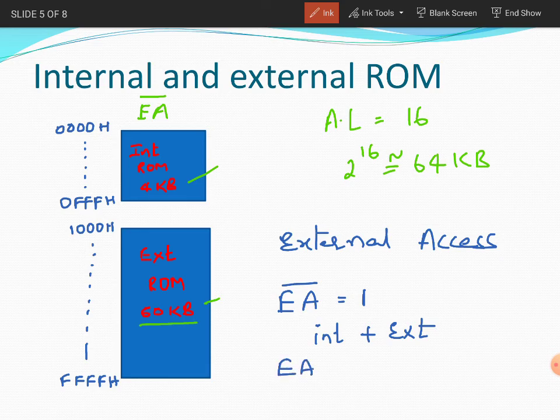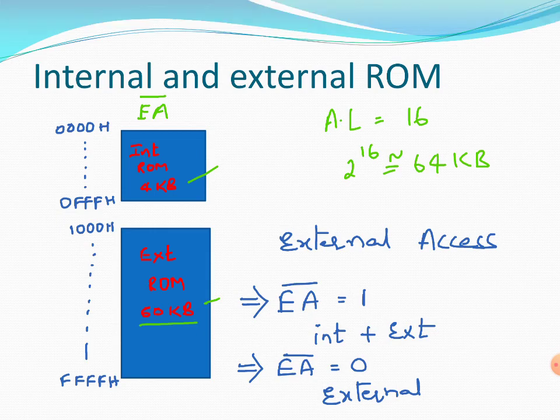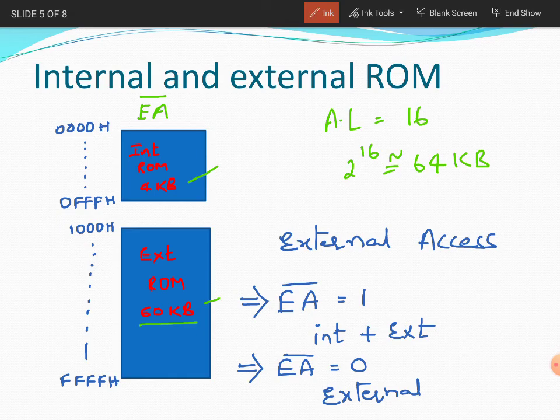When EA bar is equal to 0, it is only external. You need to remember this. So for this case, EA bar will be equal to 1.